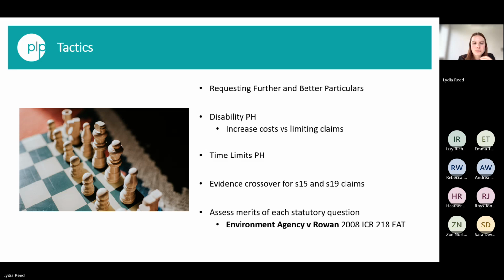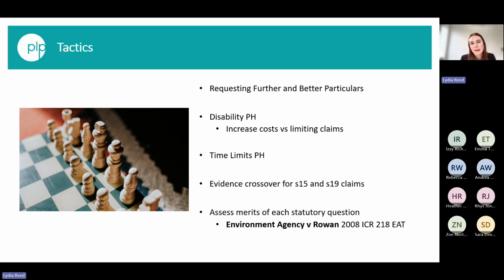So just before we finish up, a few tactics that both parties might benefit from. Looking, as we've discussed with the previous slide, at further and better particulars, it's certainly a tricky one, and it will depend on what information you have and how best you can work with it.